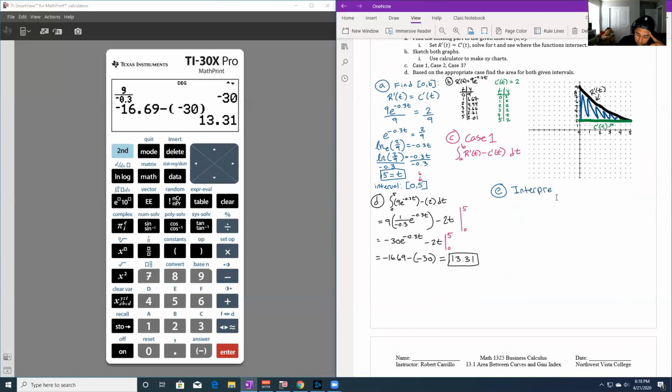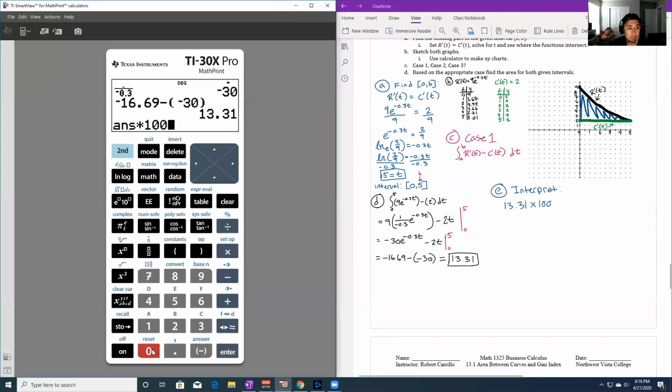So we take our answer of 13.31 multiplied by 1,000, and we get $13,310.